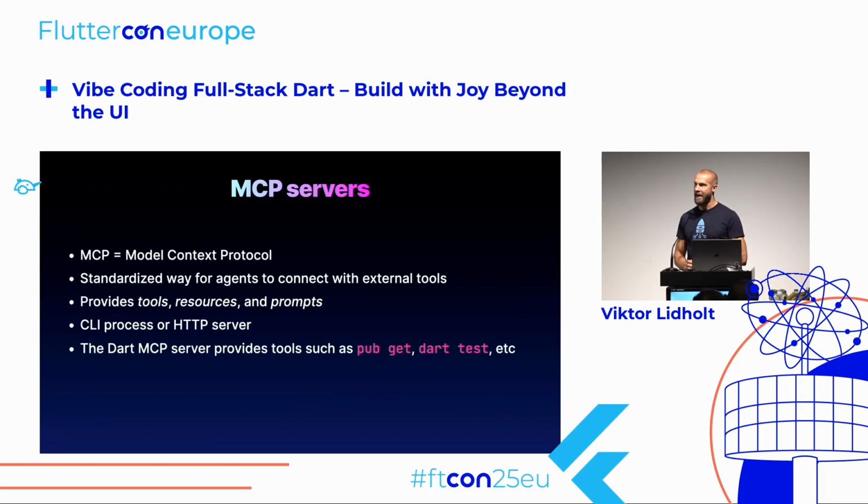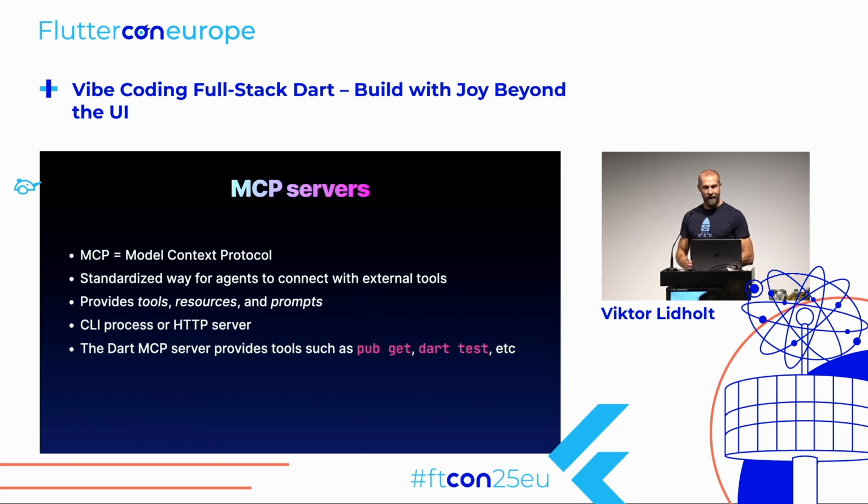And it's a standardized way for the agents to extend their context. So most of the different agents like Gemini CLI, Cursor, Firebase Studio, I think all of them support the same protocol, which is very convenient. So you can just plug these tools into your agent.